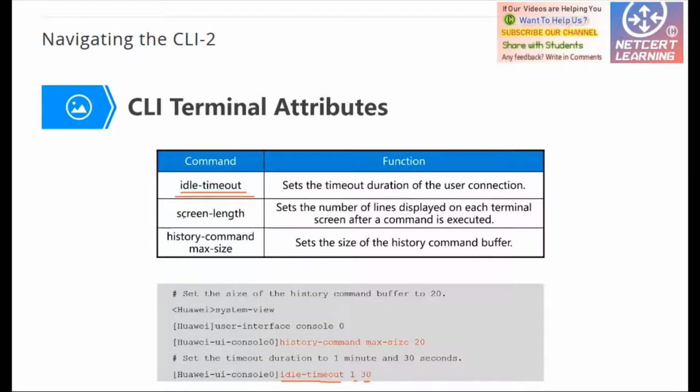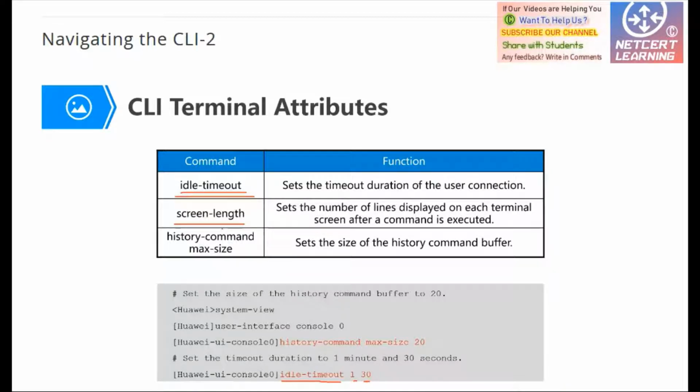And screen length. Screen length just means that in the terminal the text scrolls up, and if one command has so much output, the output will pause one screen after another. So how many lines should show on your screen at once?